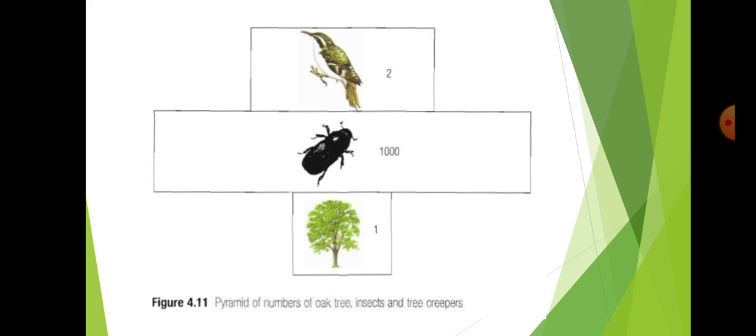For example, if we only have one oak tree and about 1,000 insects, and only two birds, then the second tier will be largest in size and the first tier will be smallest in size. The thing is that the bottom tier always represents the producer, the tier above it represents the primary consumer, and the one above it the secondary, and so on.